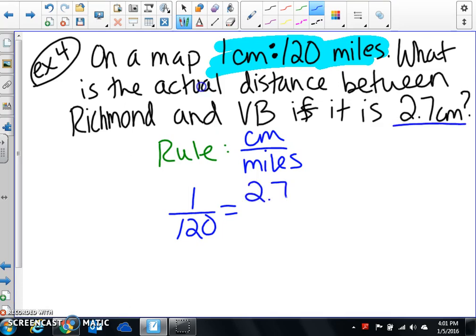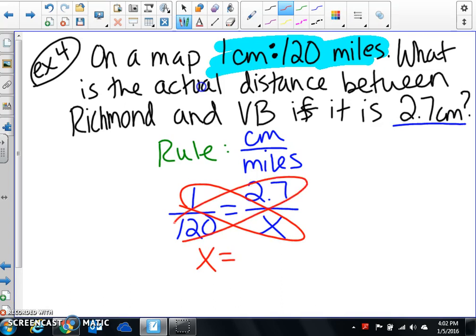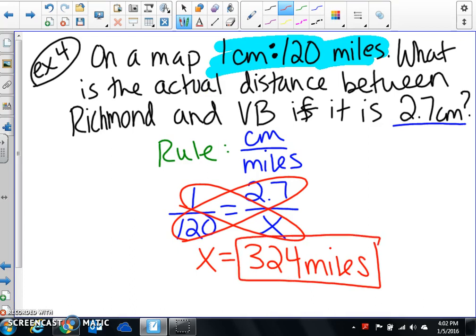So centimeters is on top, so miles is our unknown. And we cross multiply. 1 times x is 1x, or just x. And 120 times 2.7 is 324. And then once again, we're talking about miles. So 324 miles. I think that's probably still too far, but maybe not. I don't know. Virginia Beach to Richmond, maybe.